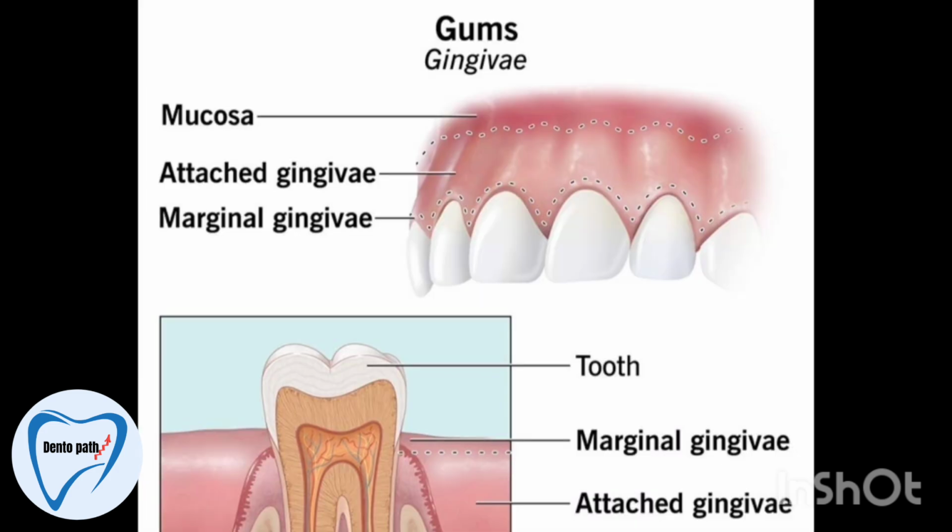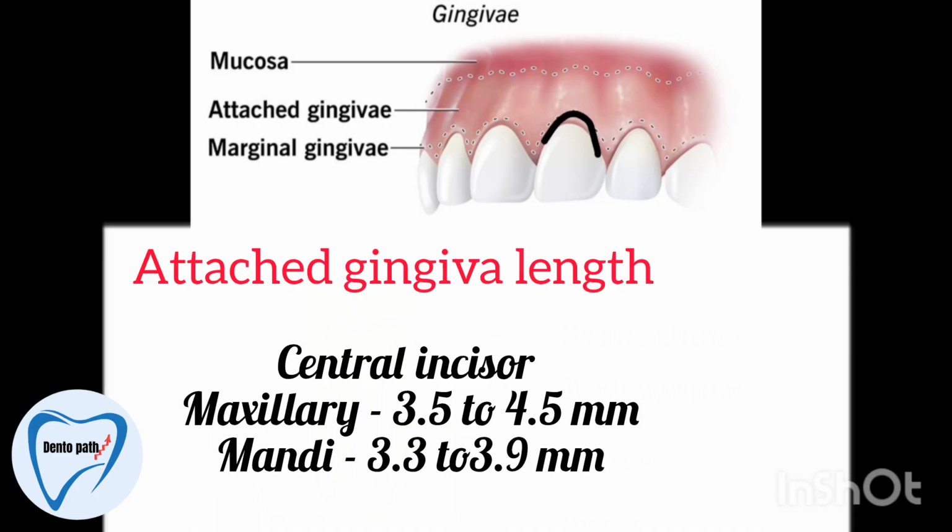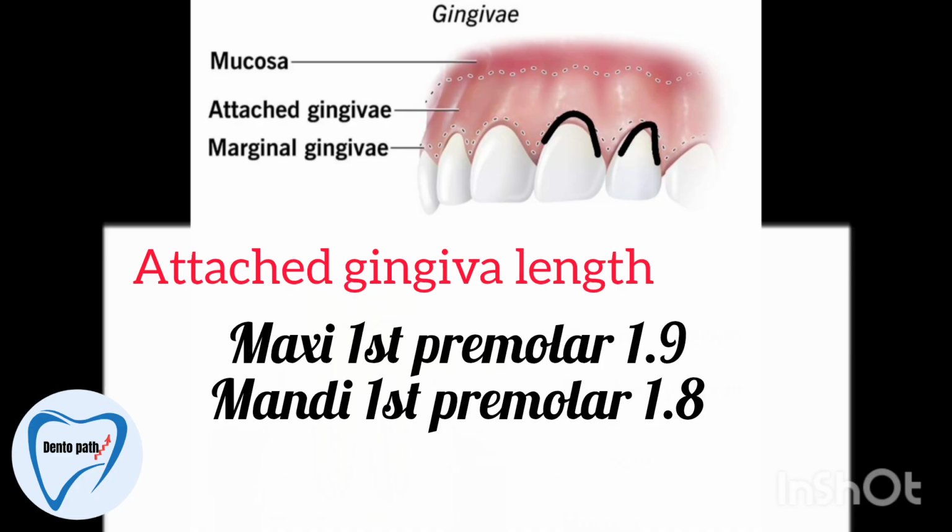The width of attached gingiva varies from anterior to posterior. It is greatest in the incisor region, 3.5 to 4.5 mm in the maxilla and 3.3 to 3.9 mm in the mandible. It is narrower in the posterior segment, 1.9 mm in the maxillary first premolar and 1.8 mm in the mandibular first premolar.